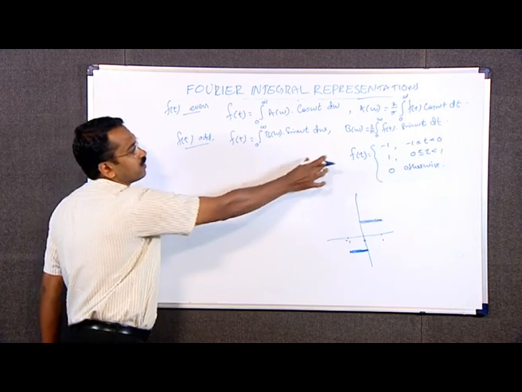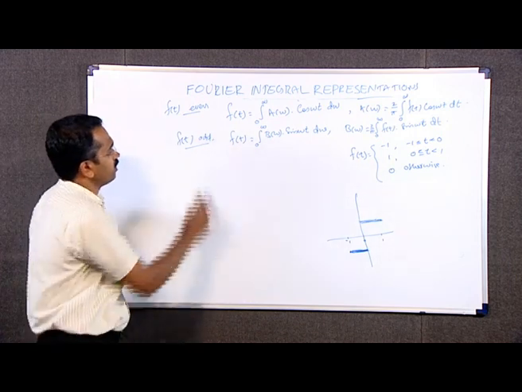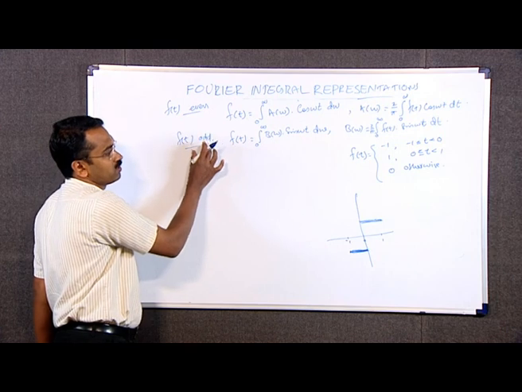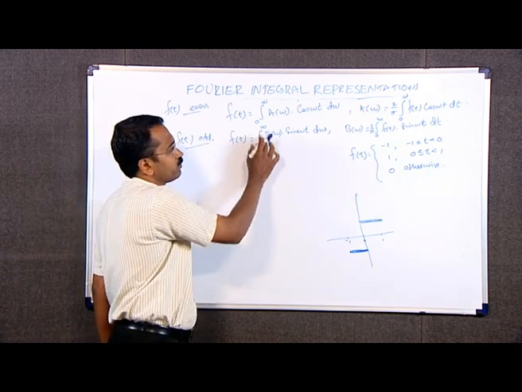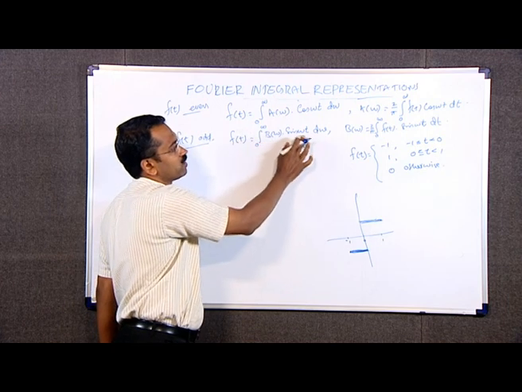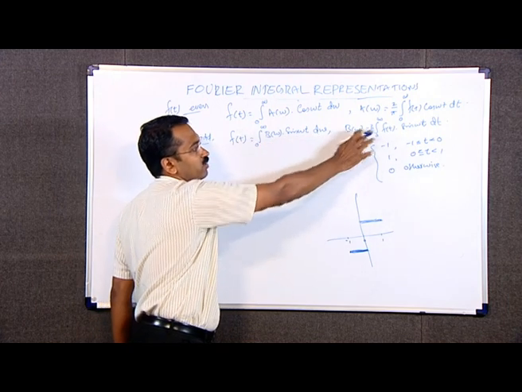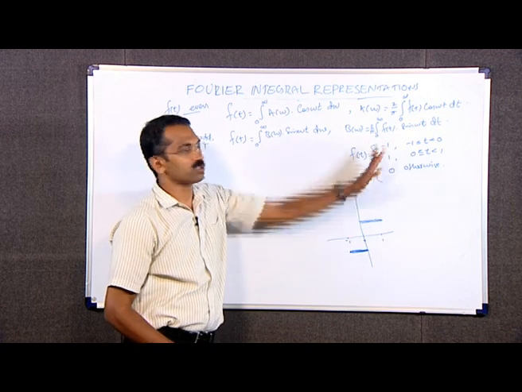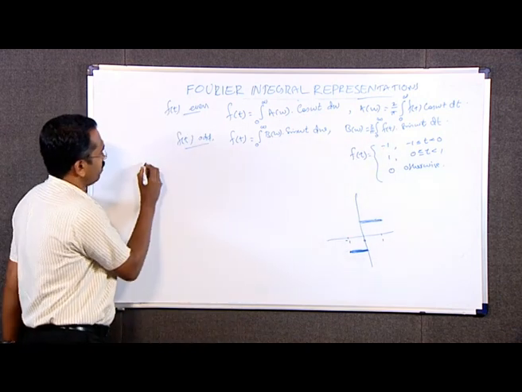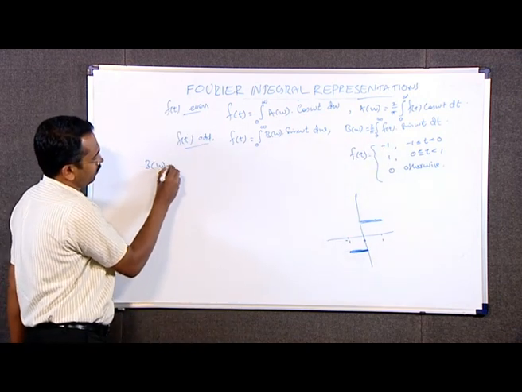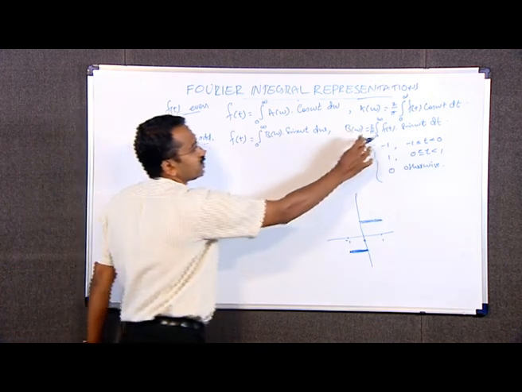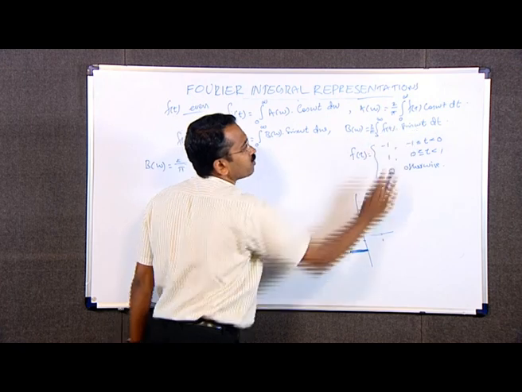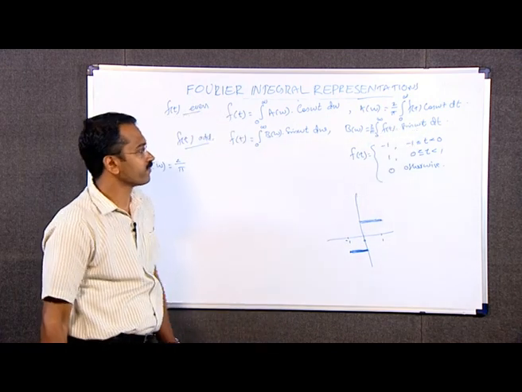The corresponding integral representation is in the odd case. If the function is odd, the representation is f of t equal to integral from 0 to infinity b omega into sin omega t d omega, where b omega is equal to 2 by pi into integral from 0 to infinity f of t into sin omega t dt.